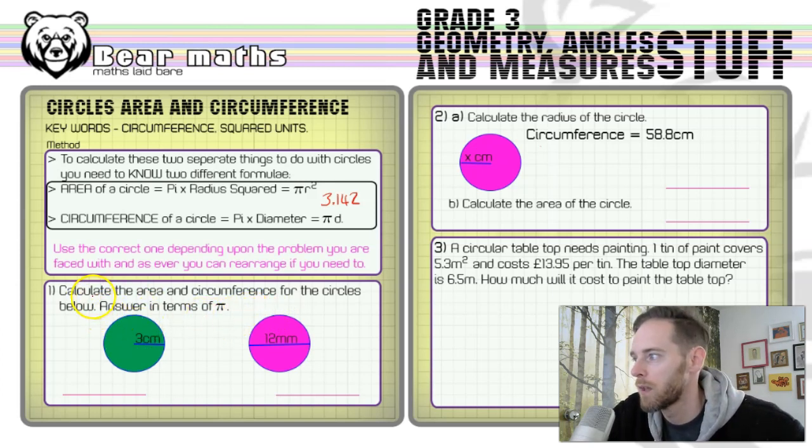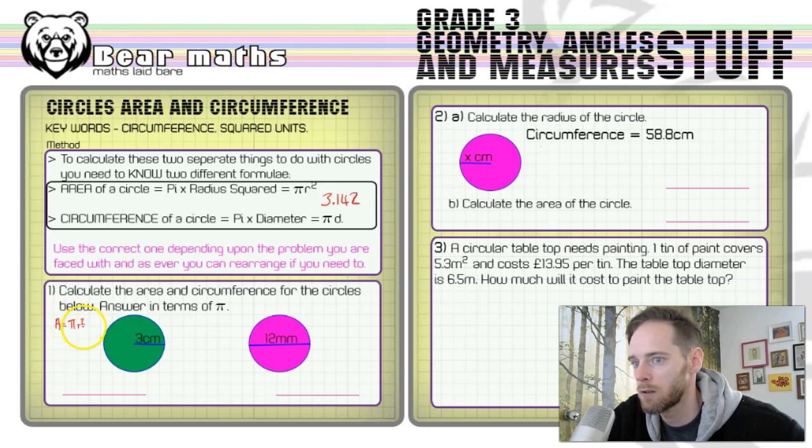But in question number one, we're going to do it without a calculator because we can leave our answer in terms of pi. We've got to calculate the area and the circumference for the circles, the green one and the pink one. Now in the green one we've been given what we call the radius. The radius is the distance from the center to the circumference of the circle, 3 centimeters. So if we just write down area first, area equals, big A equals, pi r squared.